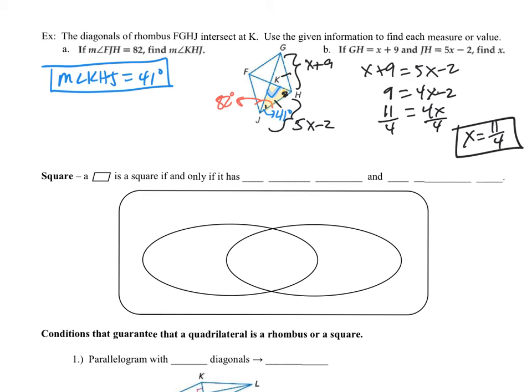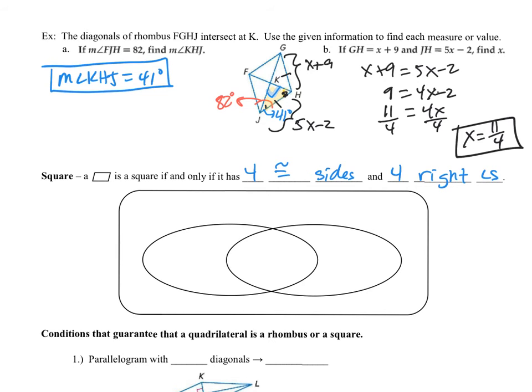All right, so that brings us to our last special parallelogram, and that last special parallelogram is a square. So what is a square? Let's look at a definition. A parallelogram is a square if and only if it has four congruent sides, and it has 4 right angles.